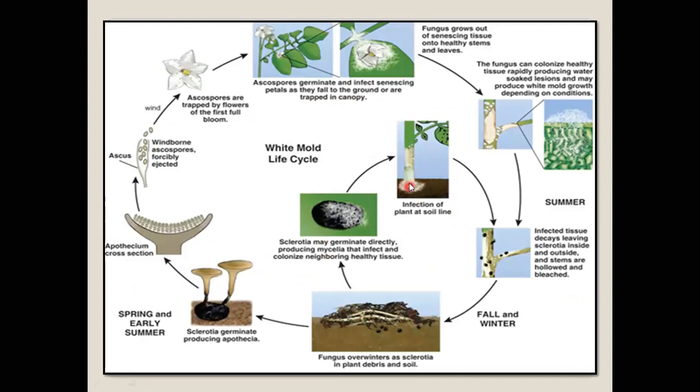This is the whitish mass seen on the stem portions. Finally, these sclerotial bodies are seen, and after harvest, the sclerotia remain as debris in the soil. This fungus overwinters as sclerotia in the plant debris. After germination of the sclerotia, apothecium fruiting bodies finally develop.